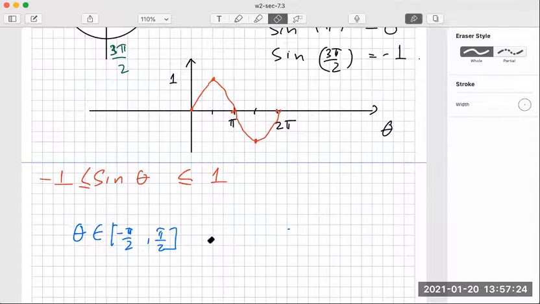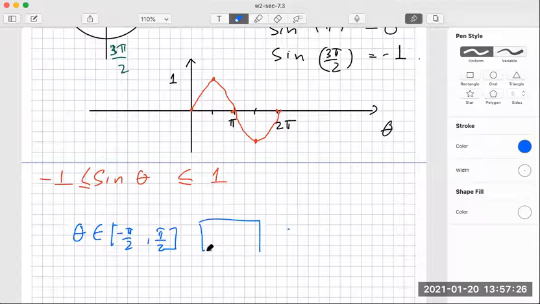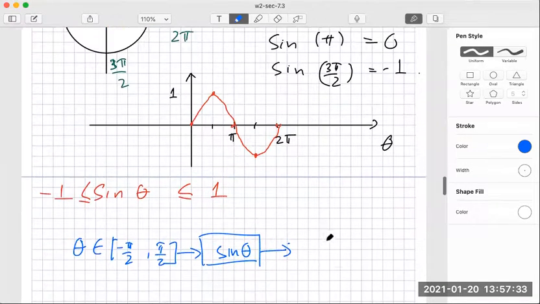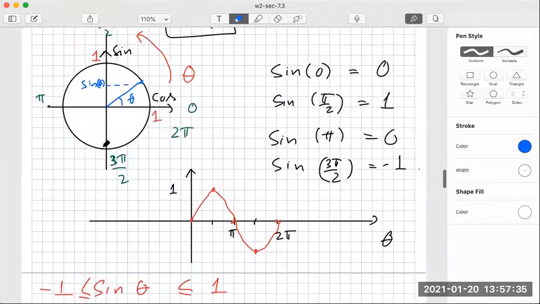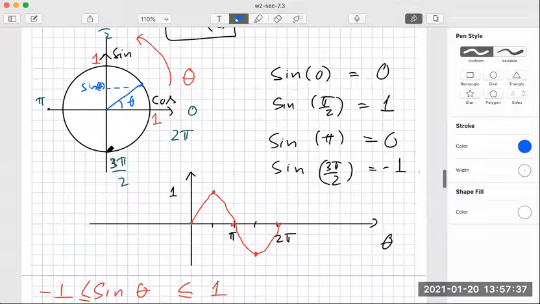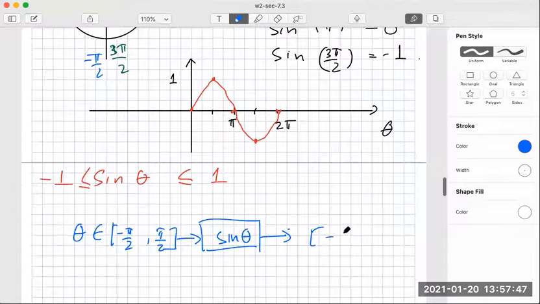What is the range of sine theta, from this, which is also -pi/2, right? What is the range of sine? Yes, it is from -1 to 1.